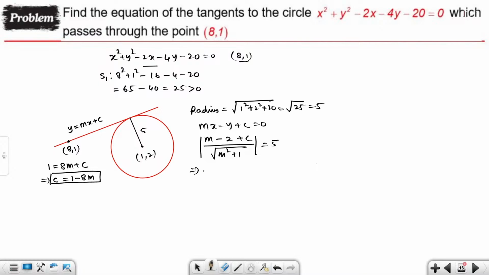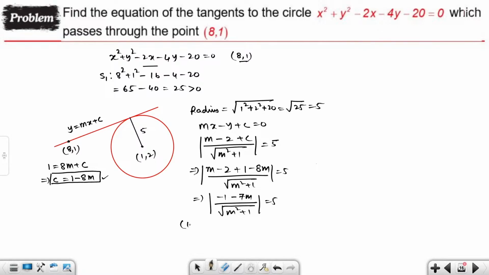So from here we are getting m minus 2, and let me just replace this c by 1 minus 8m. So we are actually having (minus 1 minus 7m) by root m square plus 1, which is equal to 5. So let me square both sides.